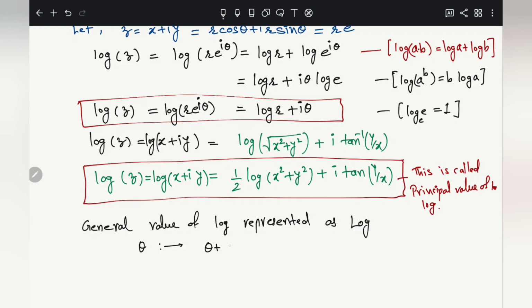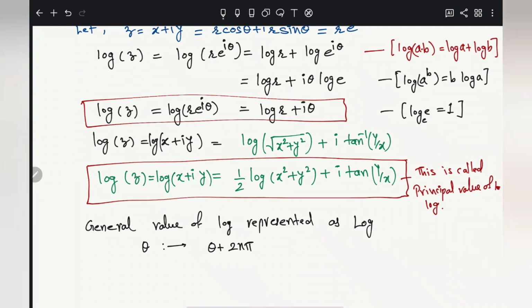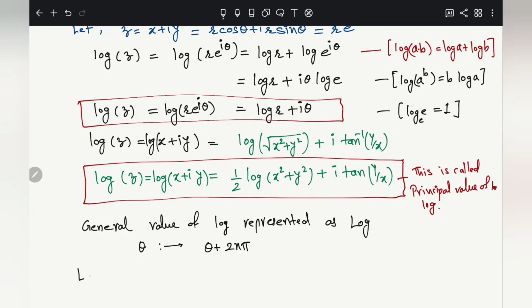You can write 2k pi, you can write 2n pi, whatever it is. So theta as theta plus 2n pi. So this is how we write log. Capital Log z, you just need to write it as log r plus i times theta plus 2n pi.